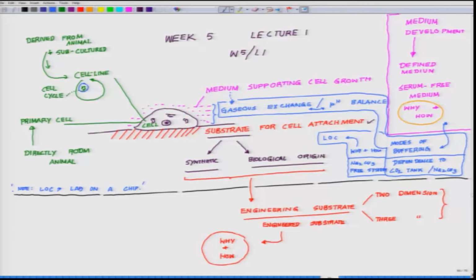Now, the next thing, which we will not deal with as one cluster, rather we will be touching in and out about it, is cell plating rules, which vary from cell type to cell type.